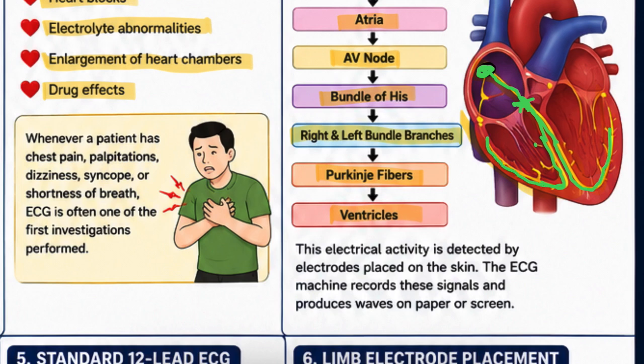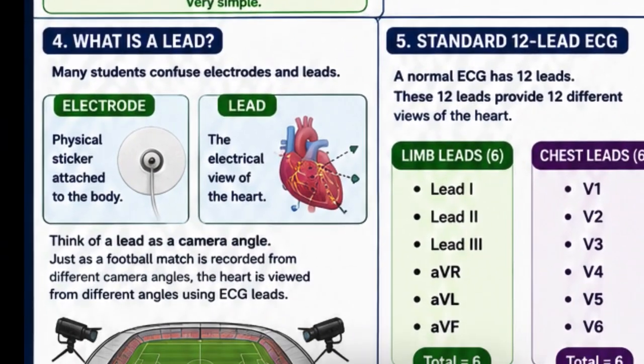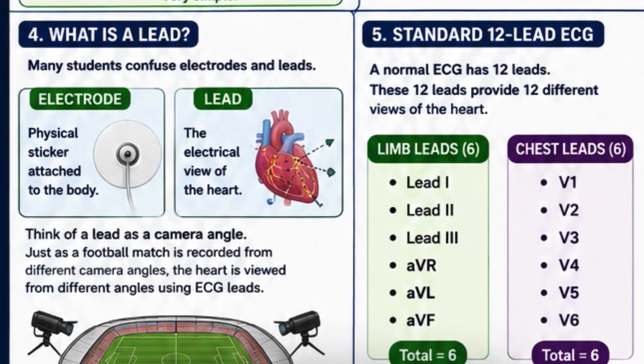Then after the Purkinje fibers, the current will pass through the whole ventricles. So the electrical activity is detected by the electrodes placed on the skin. The ECG machine records the signals and produces waves on paper or screen.